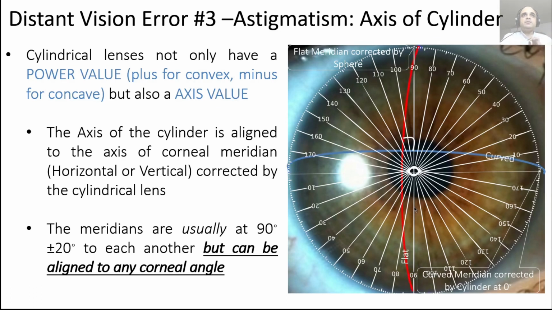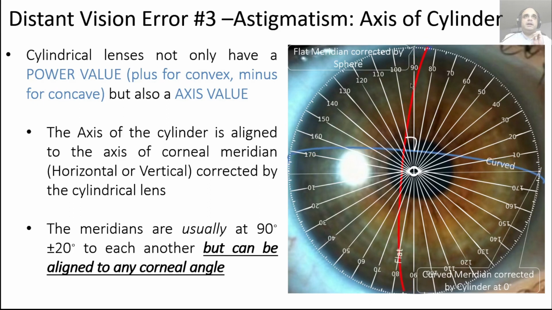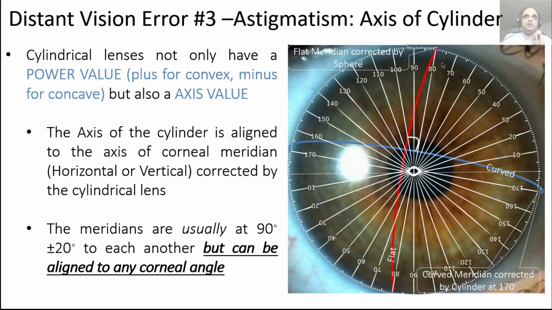But what if the two meridians of the cornea were not at 90 or at 0 or 180? What if they were aligned to 80 degrees on the cornea and 170 degrees on the cornea? Because that is possible. These two meridians can be aligned to any of the degrees on the cornea. They are usually at 90 degrees plus minus 20 degrees to each other.